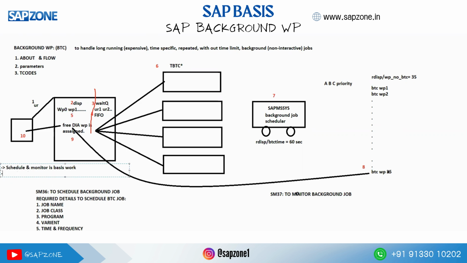And mostly the job requirements will come from the functional and developer side. Requirements come from functional mostly. So the job owner will be the functional consultant. Now the next point is that the job owner will give all the requirements.